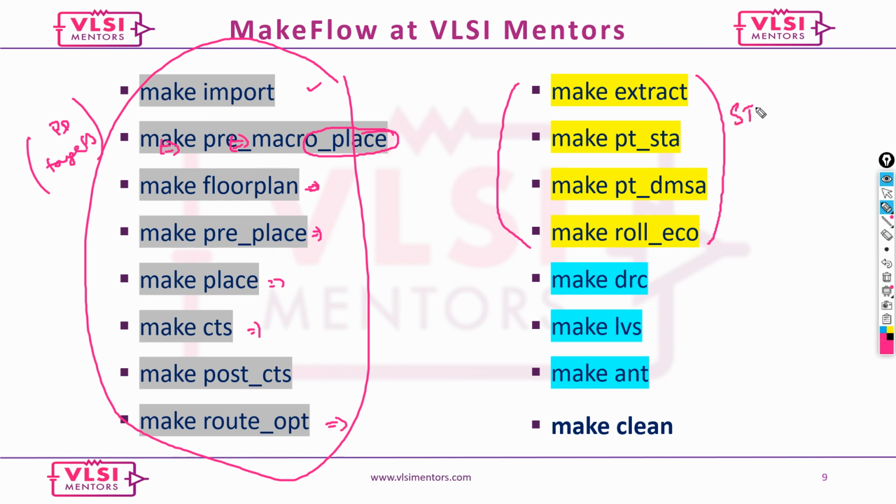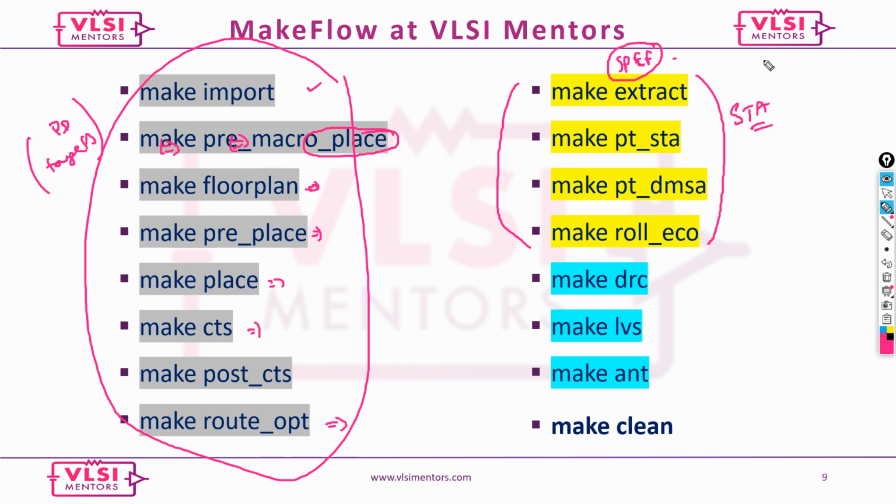Now if you look here, we have the extract folder, where you need to perform your RC extraction. That is going to be in SPEF format. And remember, when you say SPEF, you have multiple SPEFs.